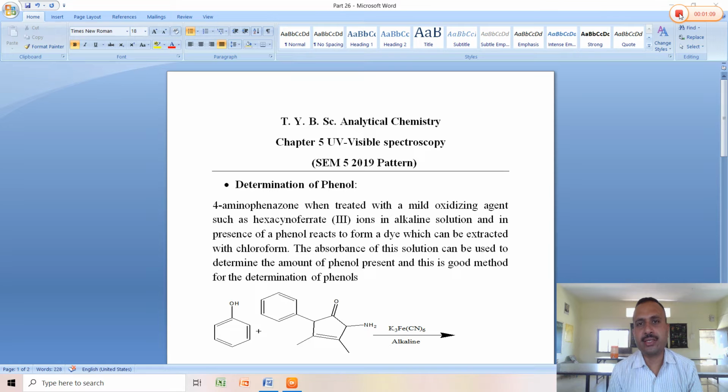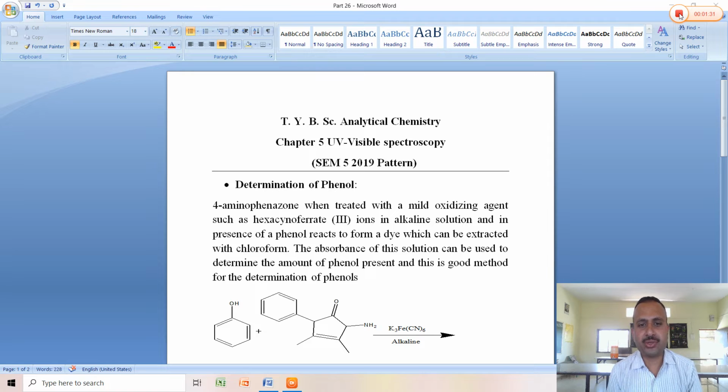This dye is determined spectrophotometrically, and the absorbance is measured. Through this absorbance, the concentration of phenol present in the sample is determined. So this is the working principle of this method.